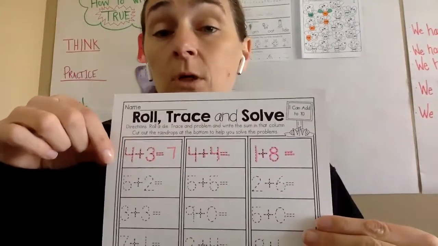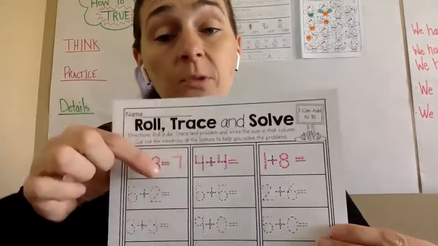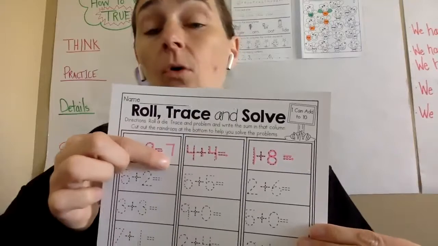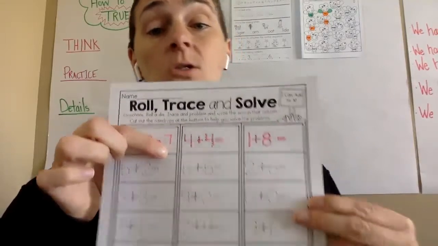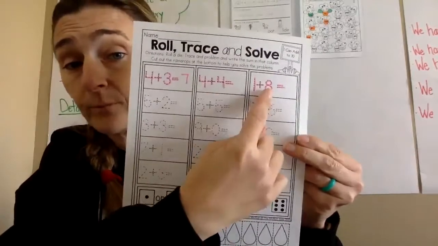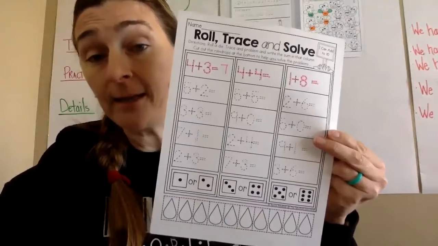So if you want to draw a picture to solve where you're drawing 4 counters plus 3 counters and then adding them to make 7, or if you want to use your fingers, you can use your fingers. So you're going to do the whole page where you trace the numbers and then solve them, okay?